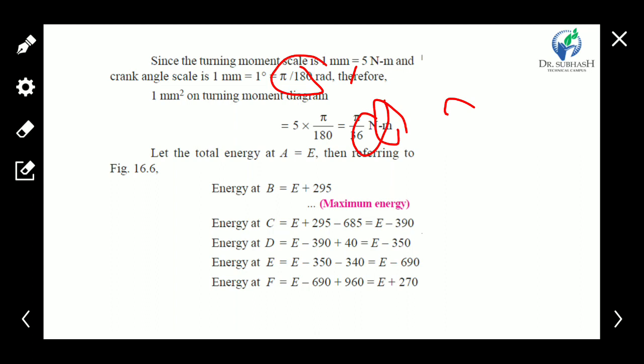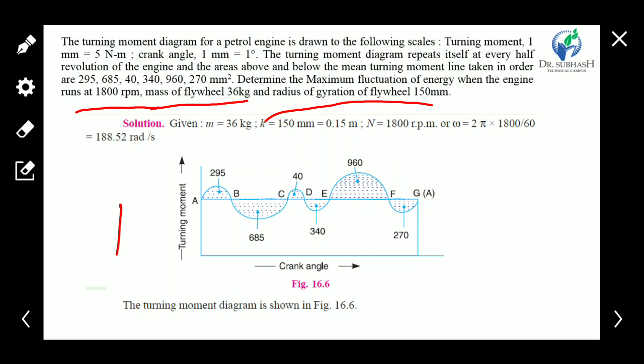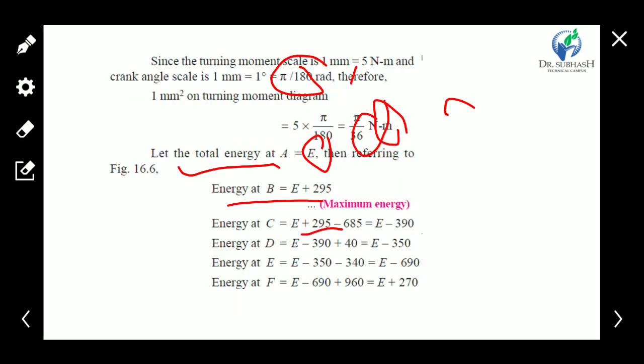Clear? Now we know that at point A the flywheel has energy E, at point B it is E plus 295. From the figure, at point C it is plus 295 minus 685.